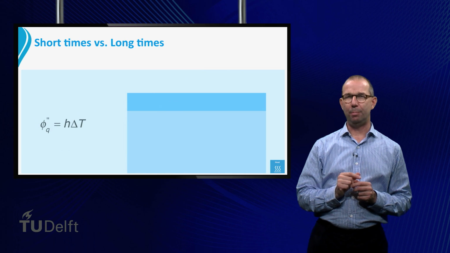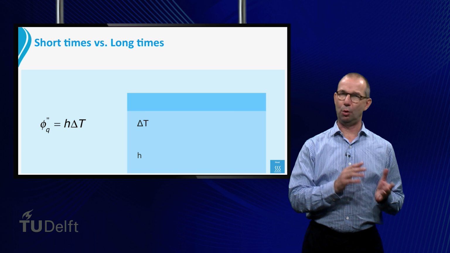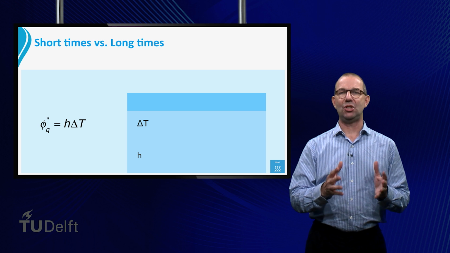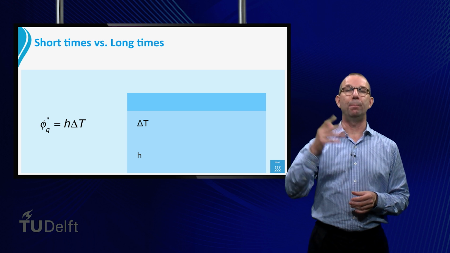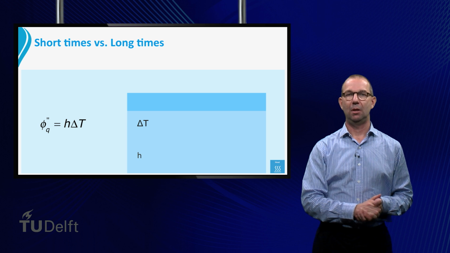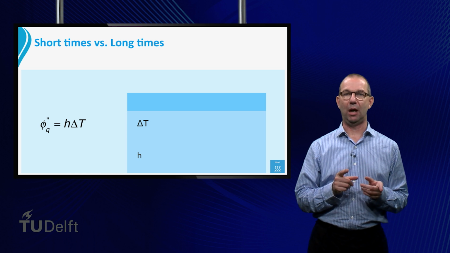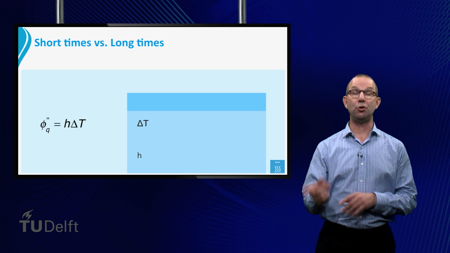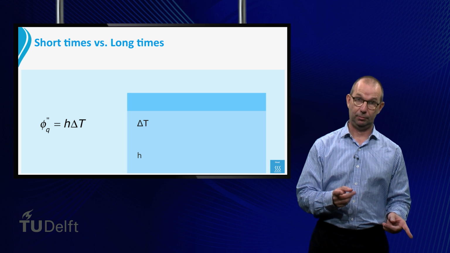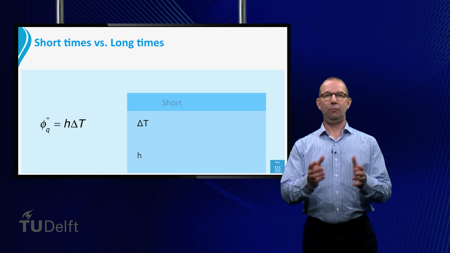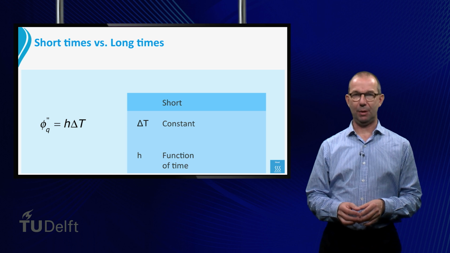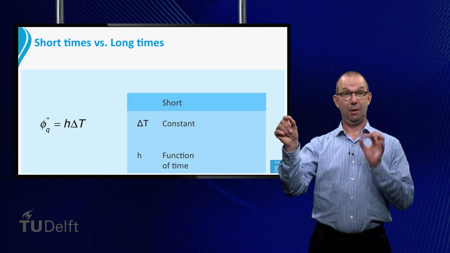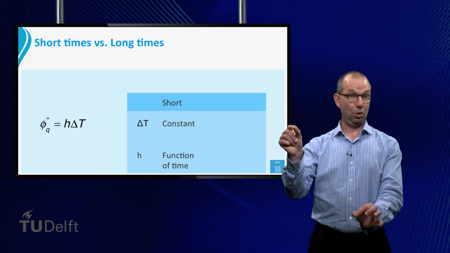It is good to compare the short times to the long times. We can make a simple table with the most important characteristics. We are going to look at the heat flux and compare the driving force and the heat transfer coefficient for short and long times. For short times, we found that the driving temperature difference, T1 minus T0, is a constant.